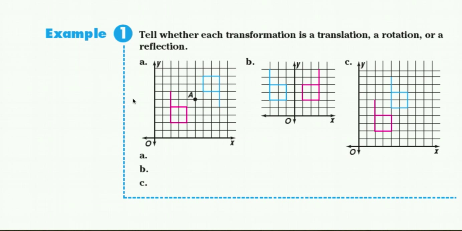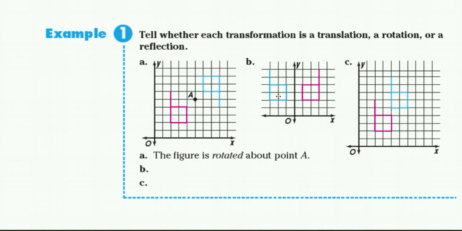Which brings us to example 1. Tell whether each transformation is a translation, rotation, or a reflection. Let's look at letter A. This pink figure was rotated about point A so that it became the blue figure.